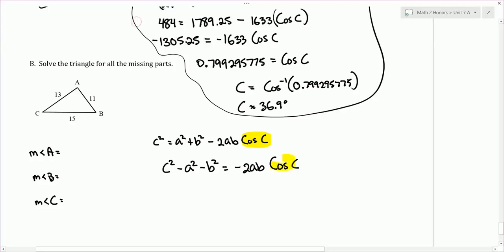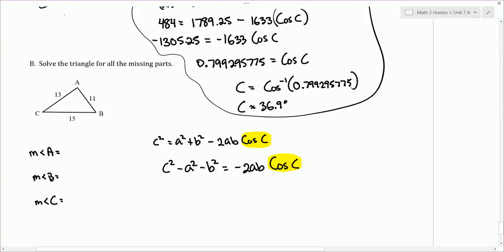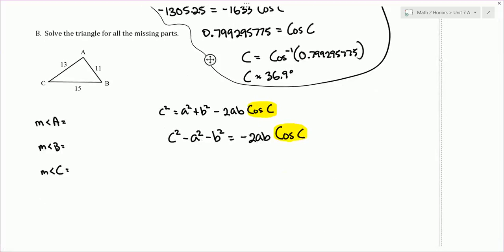Again, still trying to get the cosine of C by itself, so I need to divide by negative 2AB. Let's hold off here, because it may get a little too much when you're plugging everything in. But you can manipulate the equation before you plug things in, or you can plug things in first and then manipulate the equation. Your choice.